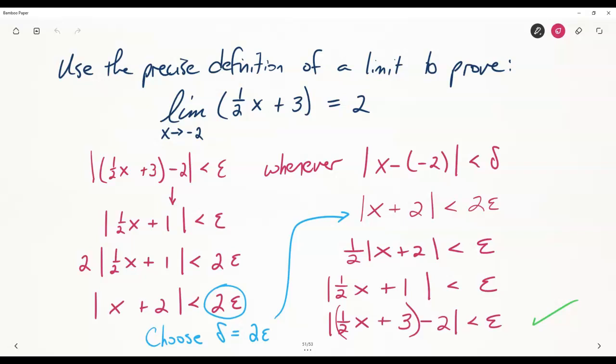Even though I know the two columns say the same thing in reverse, you can argue that this is actually not necessary, because choosing delta to be the right value is what's important, whether you actually write the steps out a second time.